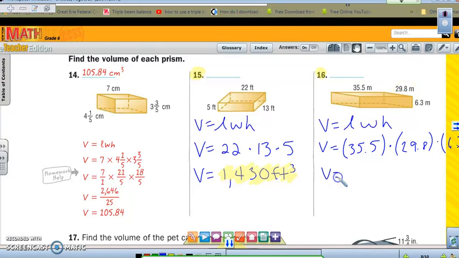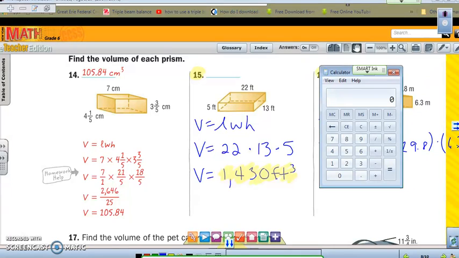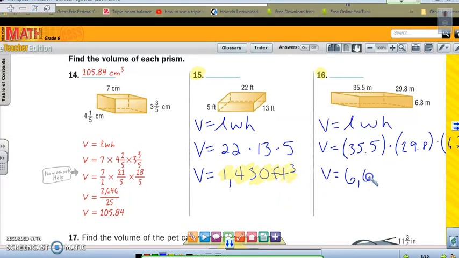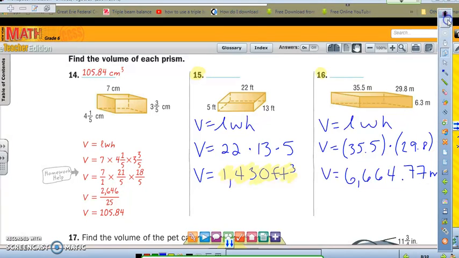So now all I have to do is type this in. 35.5 times 29.8 times 6.3 equals 6,664.77 meters cubed. And again, we will highlight this so we know that's our final answer.